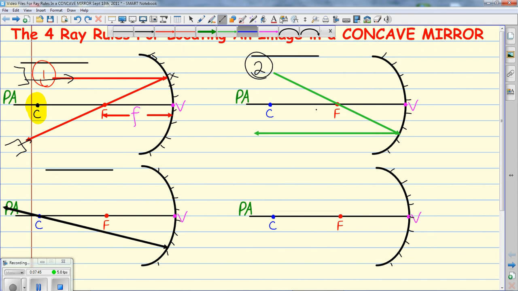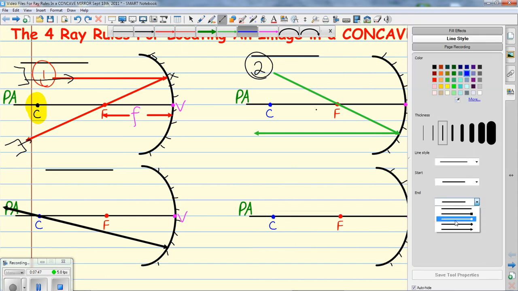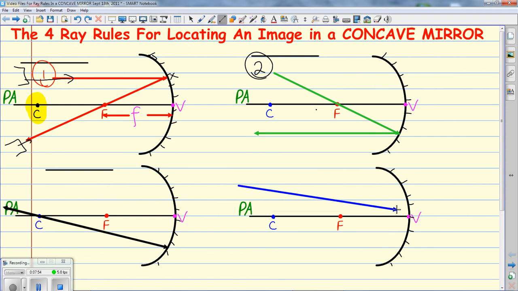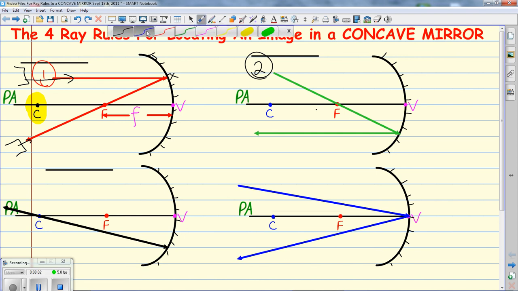So my last one, let me put an arrow on that blue. My last rule is, like I say, a little bit more complicated. Any ray of light that hits the vertex will reflect back in such a way that the angle of incidence from the PA, which is like the normal, is the same as the reflected angle or angle of reflection from the principal axis.